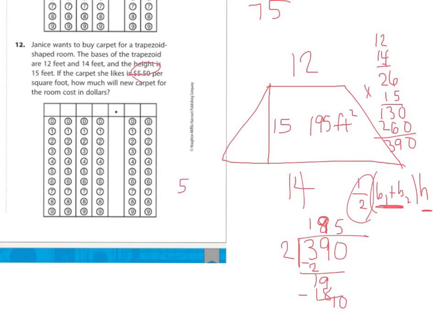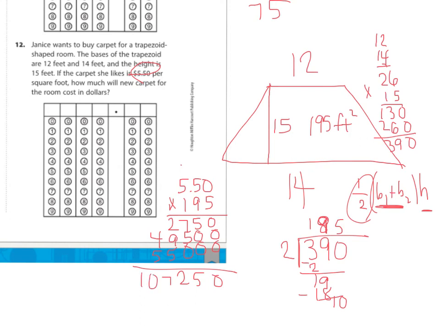So 550 times 195. I have 2 decimal places, so I need 2 in my answer.